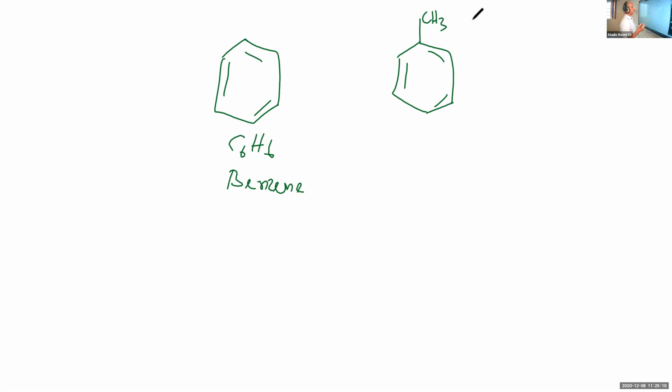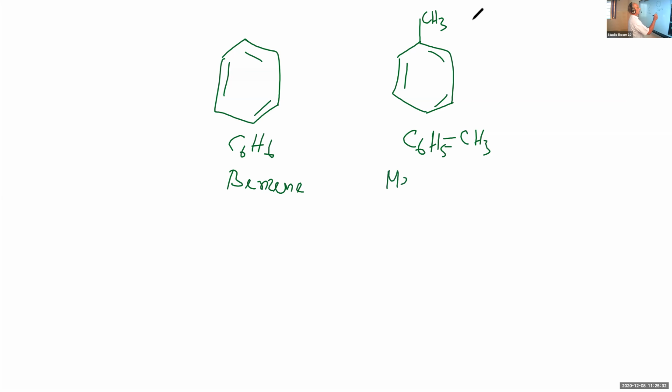For example, from the top carbon, one hydrogen is replaced by a CH3 group, and it is C6H5CH3.